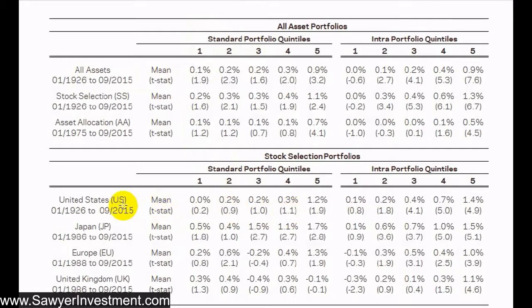So looking here at the stock selection portfolios for the US, we see that during months when the value spread between the cheapest stocks and the most expensive stocks is the highest, we get a 1.2% return by going long the cheapest and going short the most expensive.